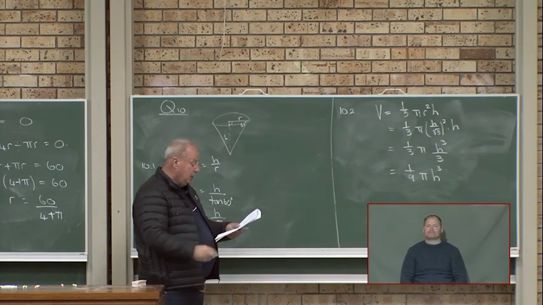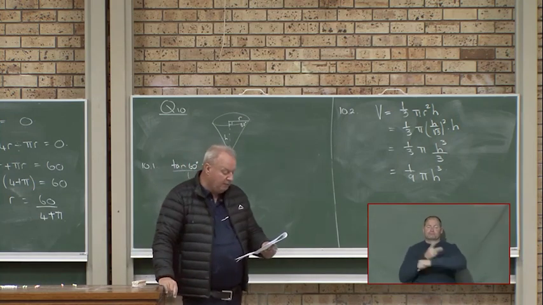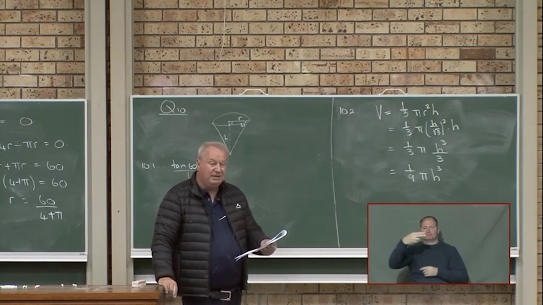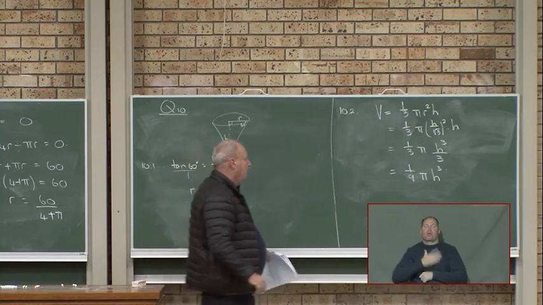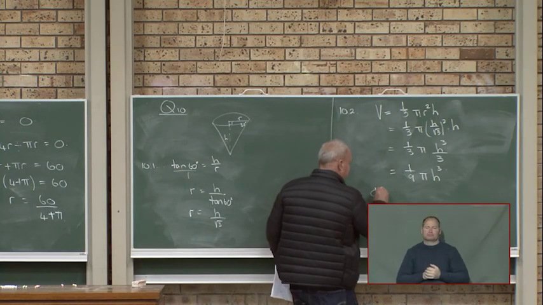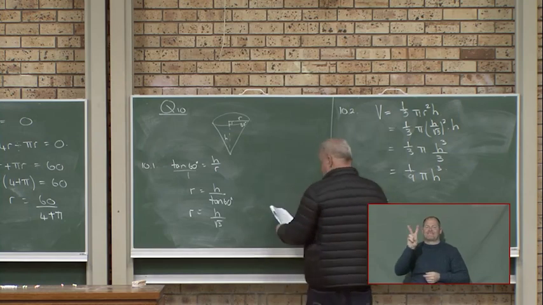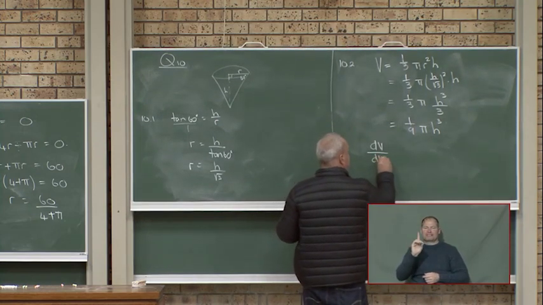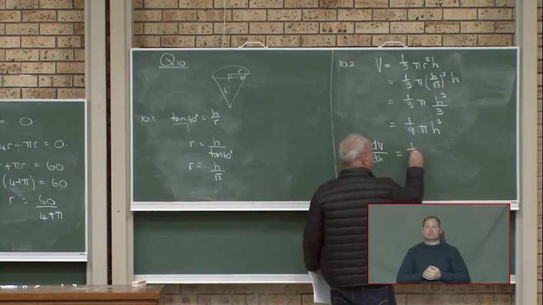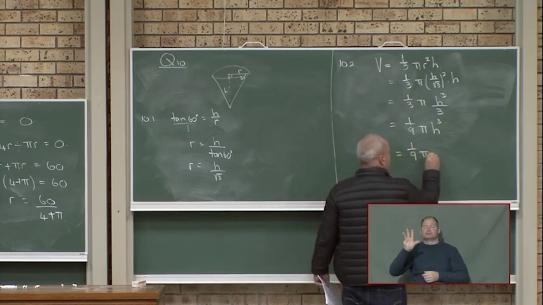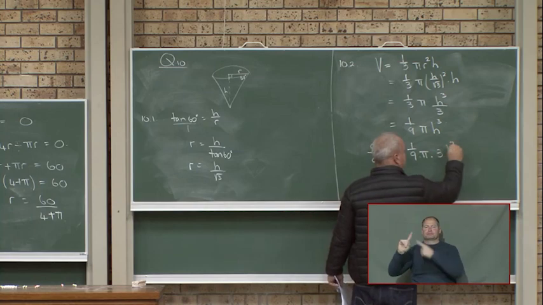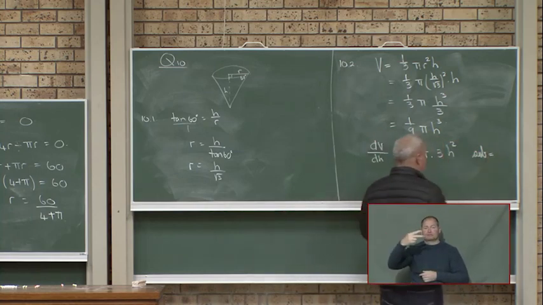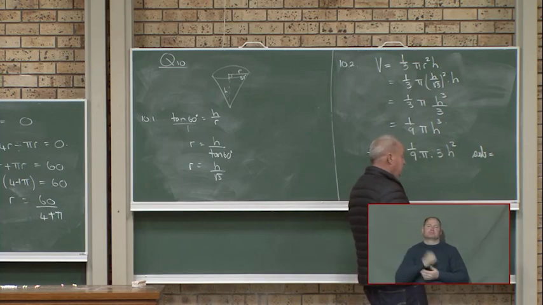The next thing is determine the derivative of the volume of the water with respect to h, where h is equal to 9. We want the derivative of the volume. So we can say that dV over dh is equal to 1 over 9 pi times 3 times h squared, correct? Where h is equal to, in this case, 9.